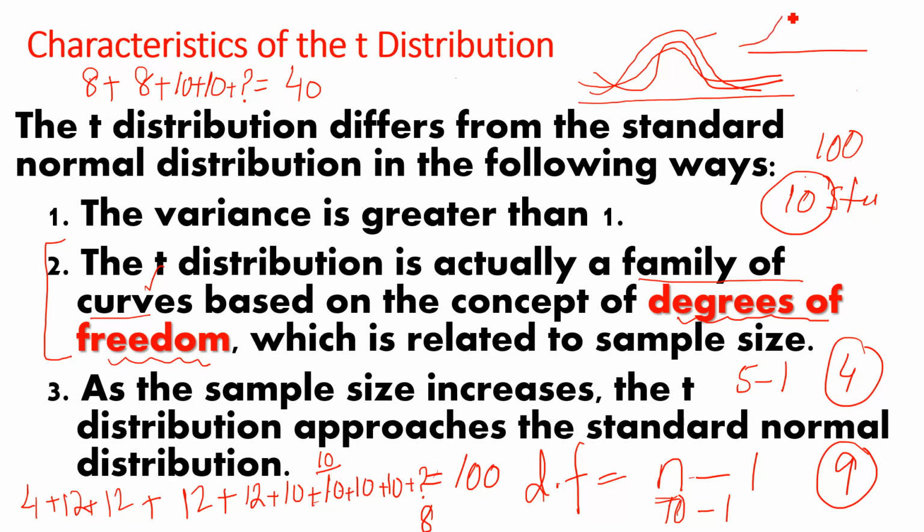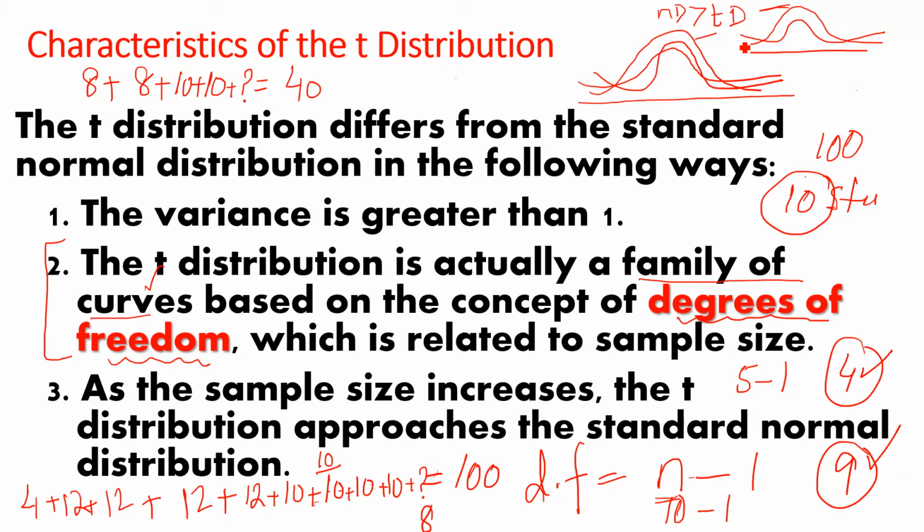See here, this is suppose my normal distribution. If my degrees of freedom is 4 in this case, you have to make a graph like this. This is our normal distribution. The normal distribution is greater than the t distribution, right? Okay, now suppose in the second case my degrees of freedom is 9.